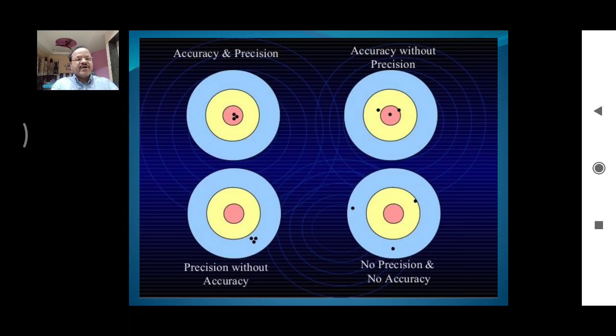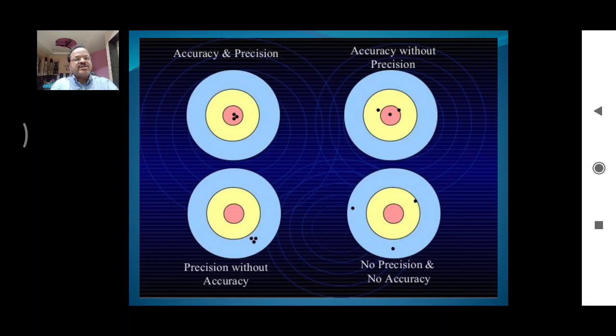The first case: no precision, no accuracy. When there is no precision and no accuracy, the shots land at different positions, this position, this position, this position. So this is aimless shooting. The second: accuracy without precision.